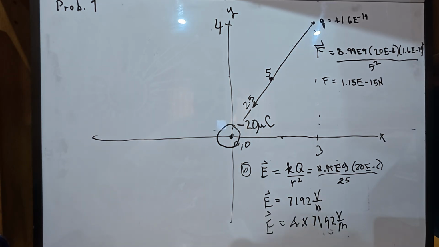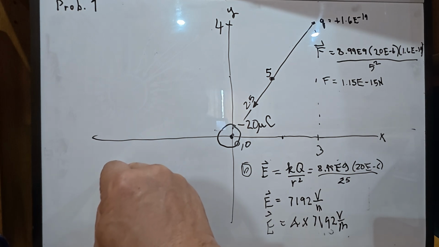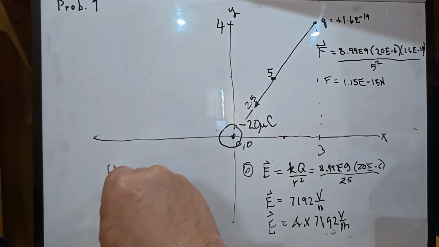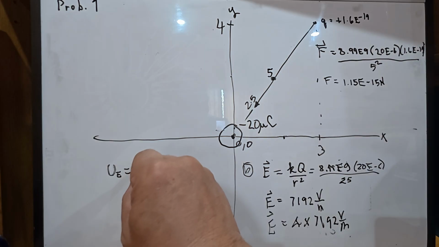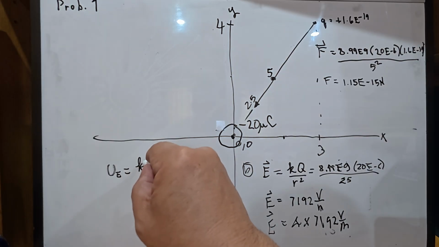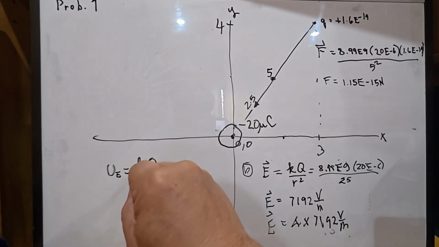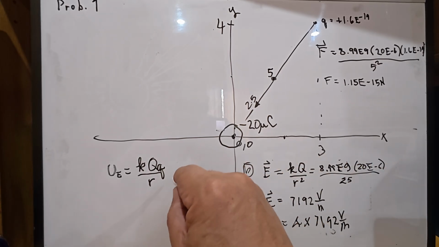Part C, what is the electrical potential energy that can be generated by this unit charge, and is this a scalar? And so the potential energy, and we call this symbol U sub E, is going to be KQQ over R. And so once you substitute the values, you get a number.